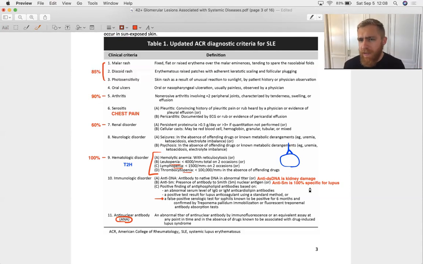Or if complement is not activated on the surface of this cell, there's another way for it to die. When it makes its way around to the spleen or to the liver, one of your two reticuloendothelial organs, then the macrophages in these organs that filter your blood are going to see this immunoglobulin bound to the platelet or the circulating erythrocyte, and it'll have IgG just all over it, because the IgG is reacting against something on the surface of this cell.